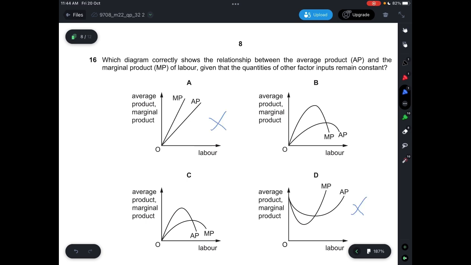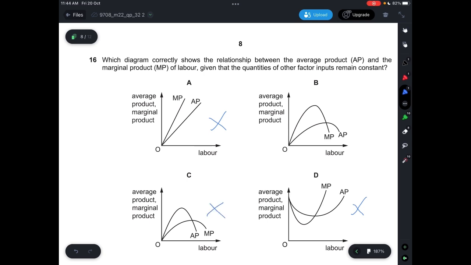If you see here, your average product would always be lower than your marginal product. The reason is that your marginal product determines the additional product that you receive from an additional unit of labor. So your marginal product will definitely drop much higher than your average product. If you look at C, you see that the average product is much steeper compared to MP, which is wrong.